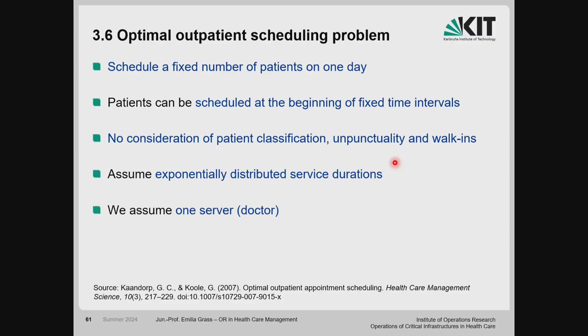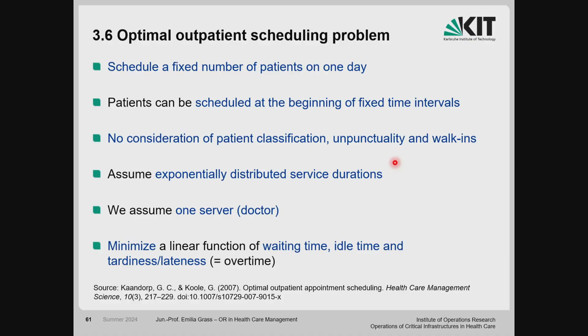Because we think of a queuing system, we have one server, that means one doctor, one MRI scan, one medical device, whatever. We try to minimize a linear function of waiting time, idle time, and tardiness. Tardiness or lateness is simply the delay of the treatment. Basically we want to minimize the overtime that the physicians have to work.